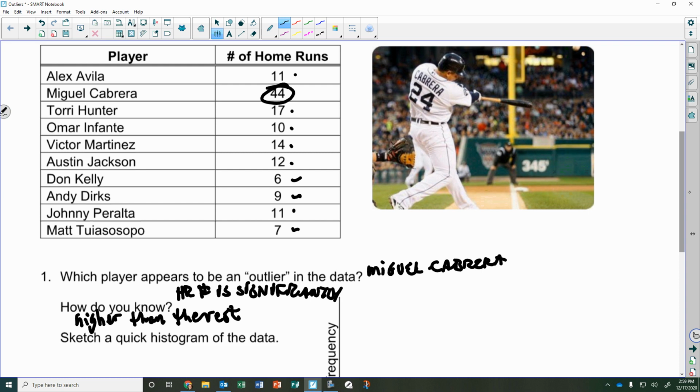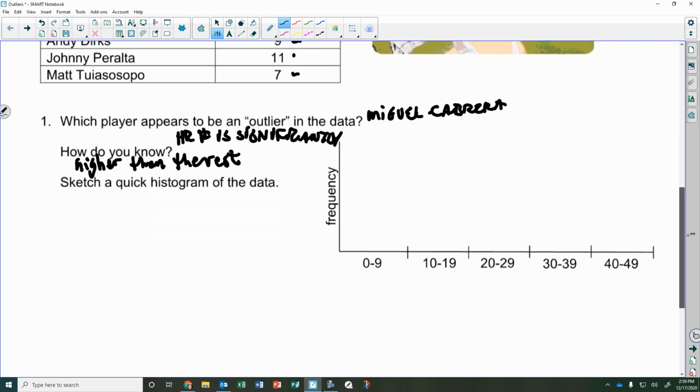And it says, sketch a quick histogram of the data. So from 0 to 9, we have 3.